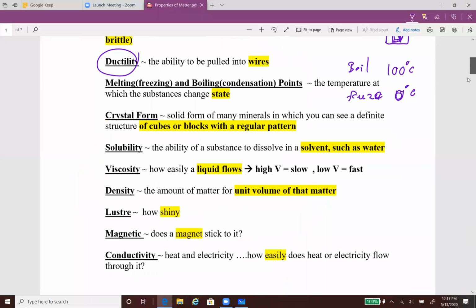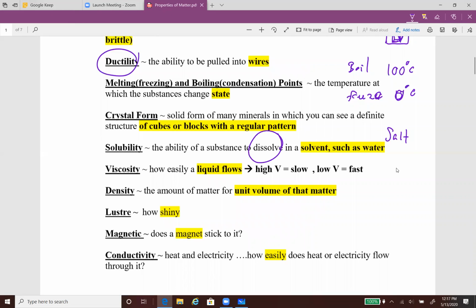Okay. We can talk about how well it dissolves. That's another way to describe matter. So for instance, salt. We can describe salt as something that is soluble in water. What that means is that salt will dissolve in water. Now, what does that actually mean?